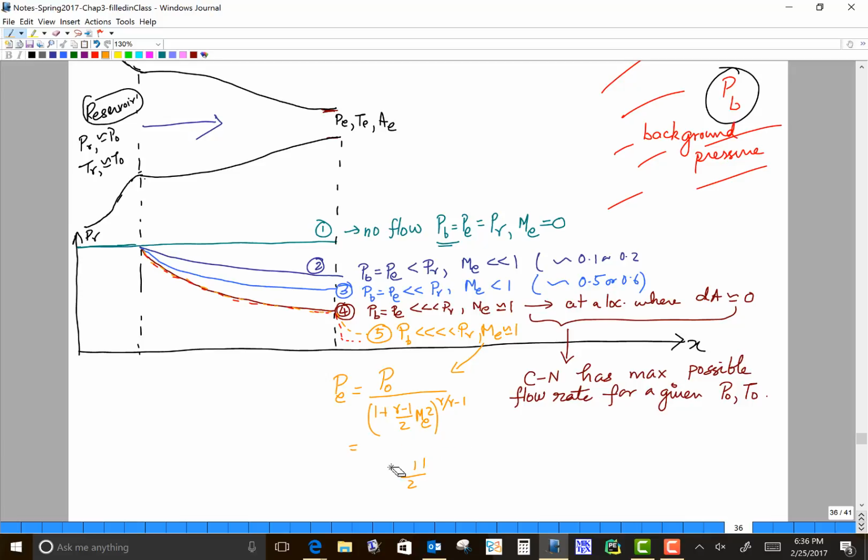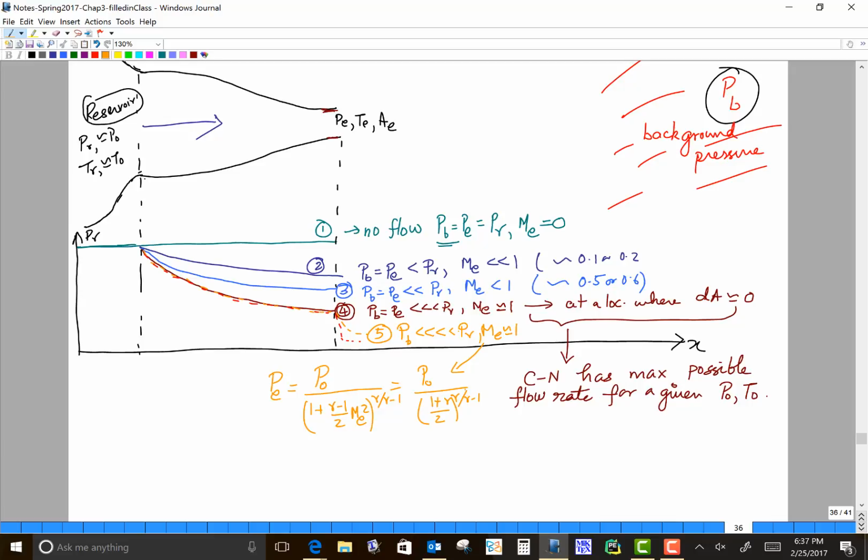Okay, so that is the value. So let me write it this way, it's easier. So this is going to be P naught divided by 1 plus gamma by 2 raised to gamma by gamma minus 1. So this is what my PE is going to be.